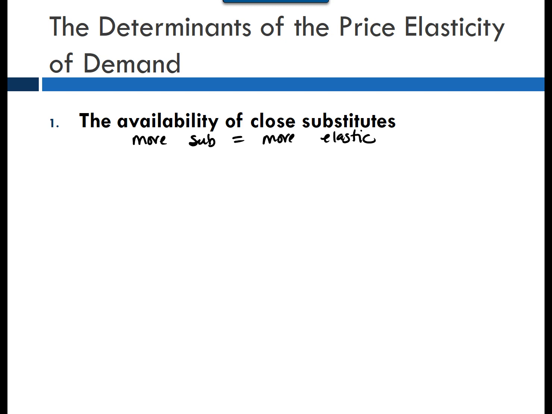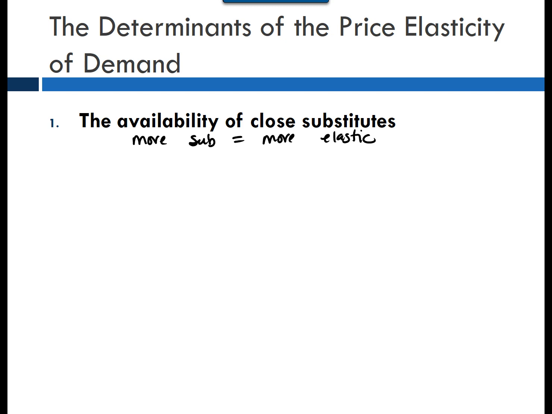But for instance, let's say it was going to the movies. If we define that as just watching movies, people have other options available to them. So if the price of going to the movies goes up, people will tend to opt for Netflix or streaming things like that, or even renting movies where they can get it cheaper.